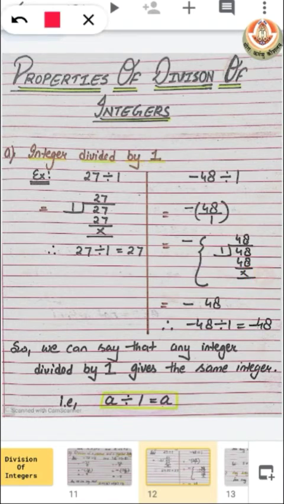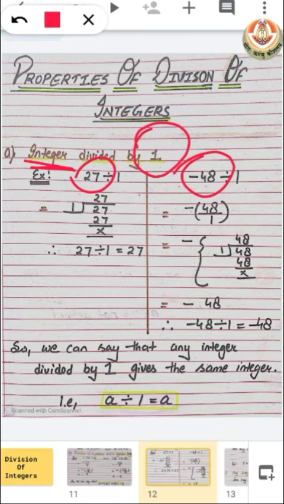The first one is integer divided by 1. That means when any integer is divided by 1, what we will get? So let's try to understand it with example for both positive as well as negative integer.